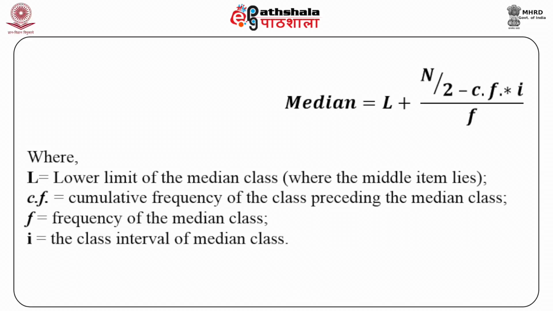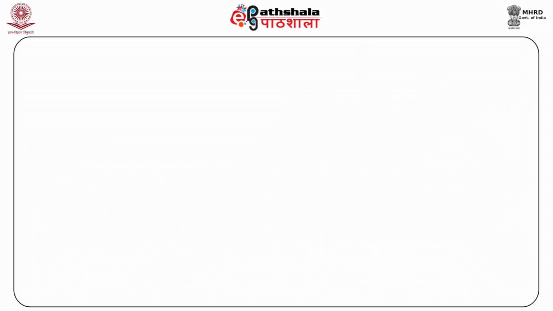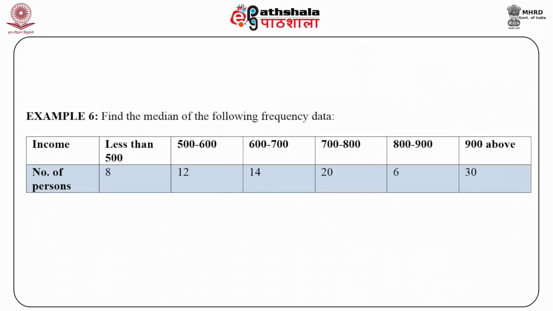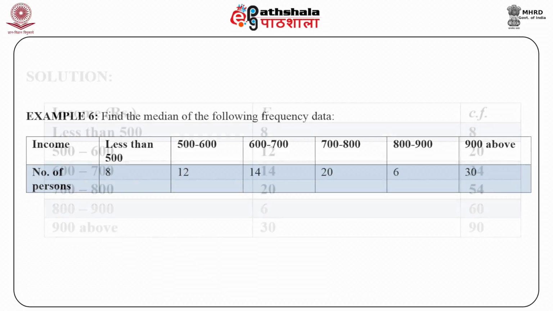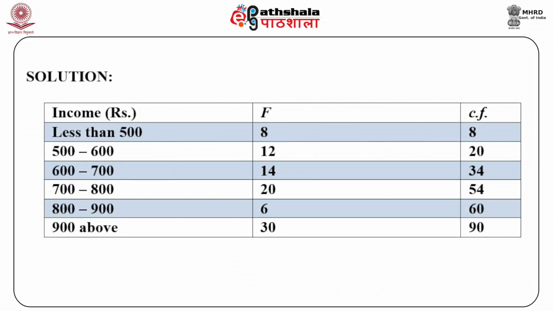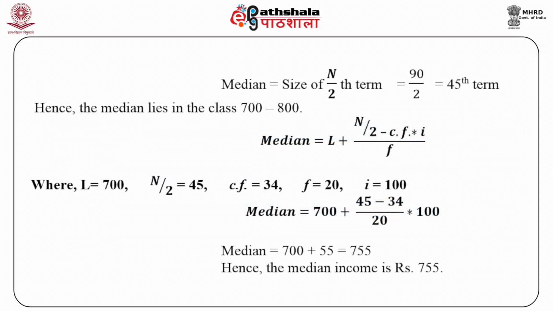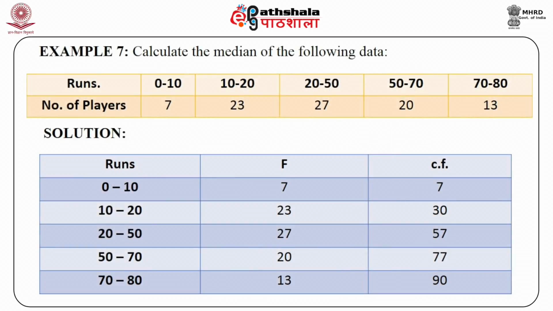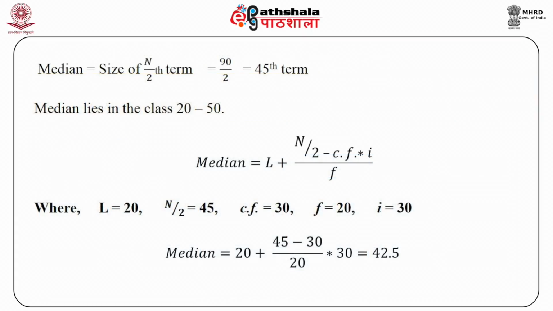CF is the cumulative frequency of the class preceding the median class, f is the frequency of the median class and i is the class interval of the median class. Example 6 illustrates the calculation of median using this formula. Example 7 also gives an illustration of calculation of median when the class intervals are unequal.